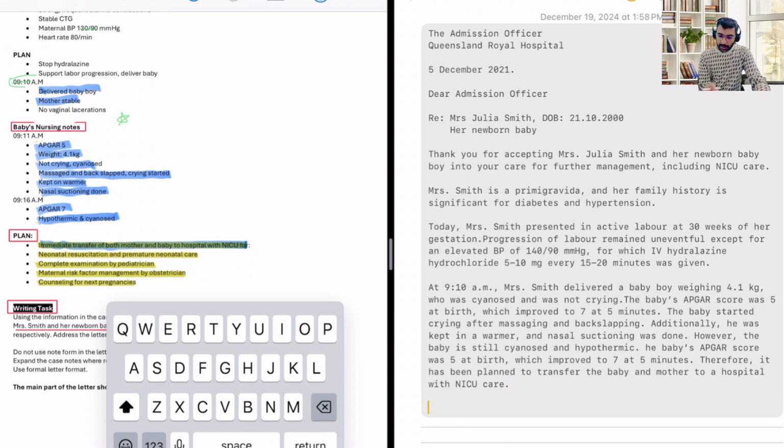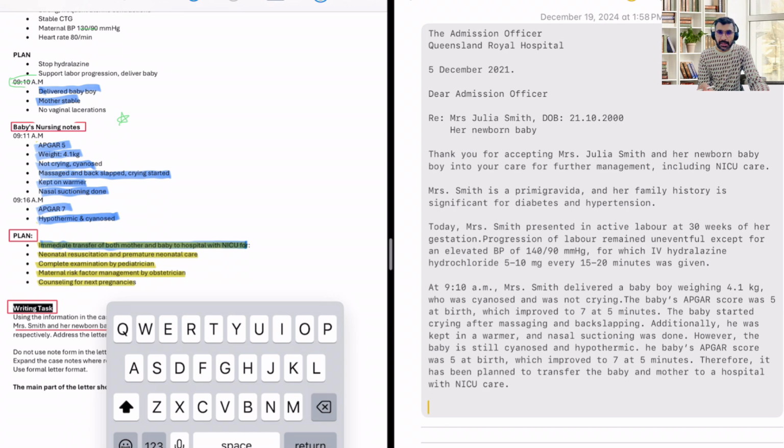So, in the conclusion, we will write, it would be appreciated if you could provide the baby with immediate neonatal resuscitation, premature neonatal care, and a complete examination by a pediatrician.